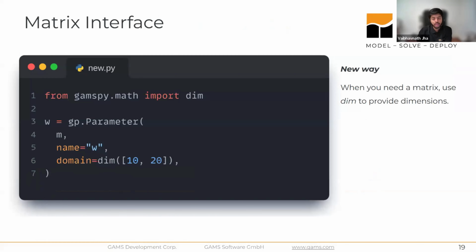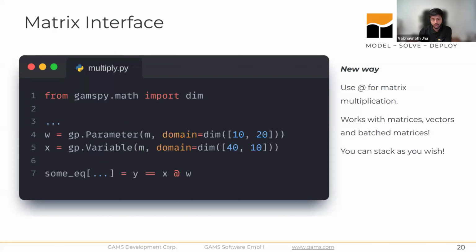Earlier we would have to define two separate sets just to define this matrix. But now with the matrix interface, we can just use the dim method out of the gamspy.math submodule to declare a matrix with dimension 10 by 20. We can also define another matrix, in this case the matrix X with dimensions 40 and 10. Now that we are dealing with matrices, we can also do matrix multiplication.